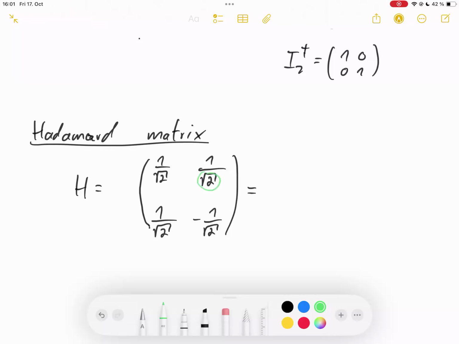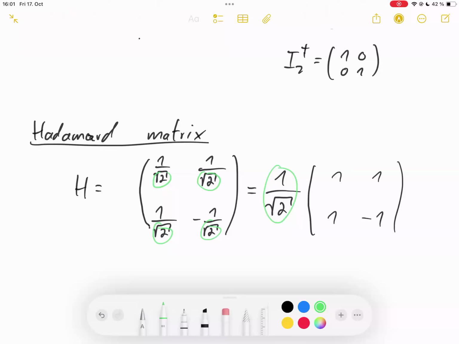But what doesn't look nice are all these fractions, so it makes it quite unhandy. And in fact, the way we would always write it is we just move this factor 1 divided by square root of 2 out. So we have 1, 1, 1, minus 1, because this is just a scalar factor for all the entries.